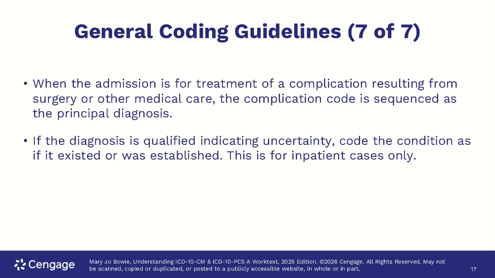And the last guideline here is about uncertain conditions. So let me go over to the guidelines. Here I am in section 2, principal diagnoses of the guidelines, letter H, which basically tells us that in an inpatient setting, you can code uncertain diagnoses. The doctor says probable, I think it is, it could be, it might be, it looks like, you can code it.